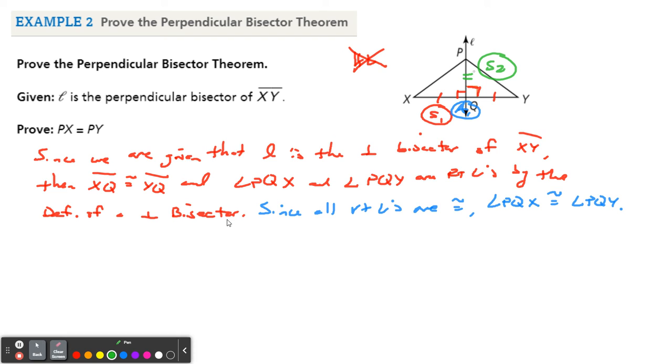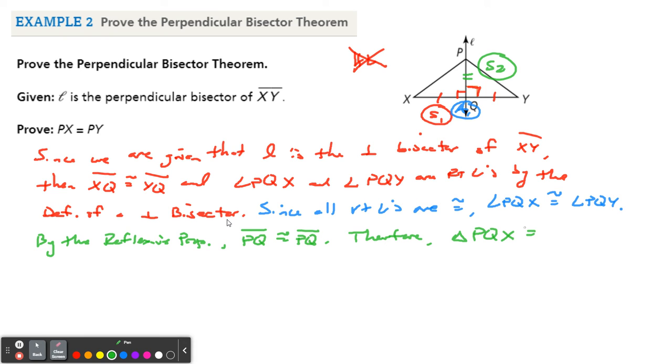So now I'm going to say the PQ part. So by the reflexive property, segment PQ is congruent to itself. Therefore, triangle, and I just called it PQX, just like I named the right angles.